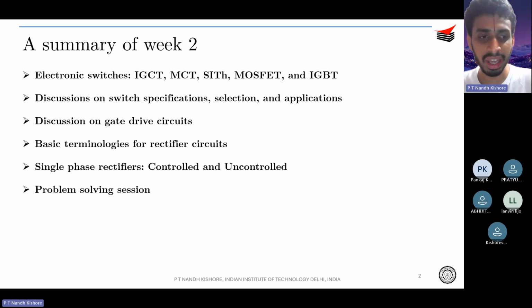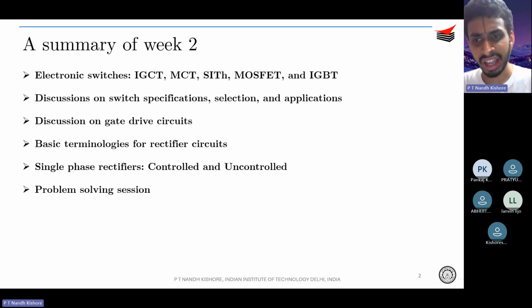So today we will be having a problem solving session. Since you had a mix of electronic switches and single phase rectifiers, this problem solving session will have a mixture of questions from both topics. Towards the end, I also have a few numerical problems which could not be covered in the last session because the last session was entirely theoretical, as you may be aware. So today I have a few numerical problems that we will solve in the end.